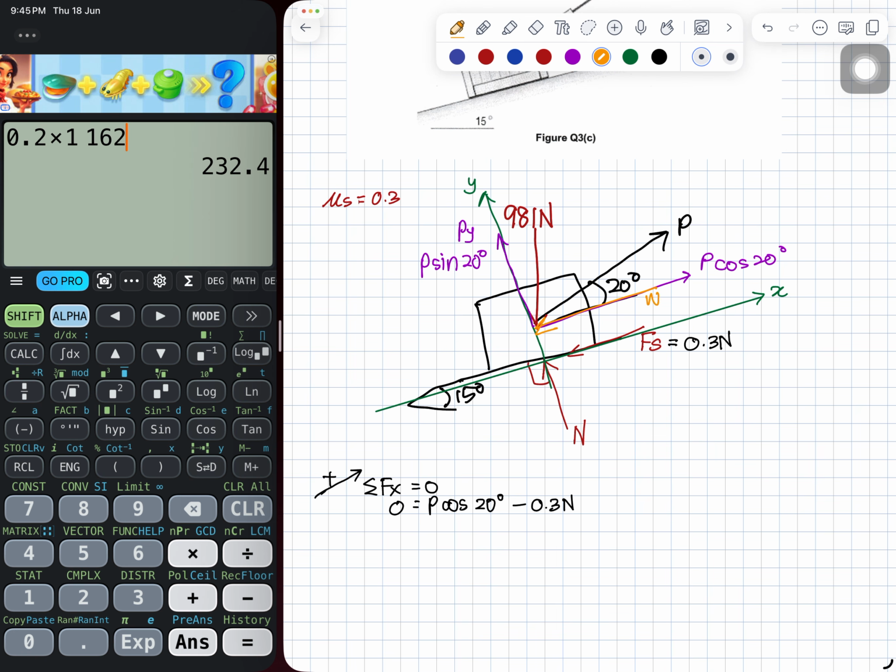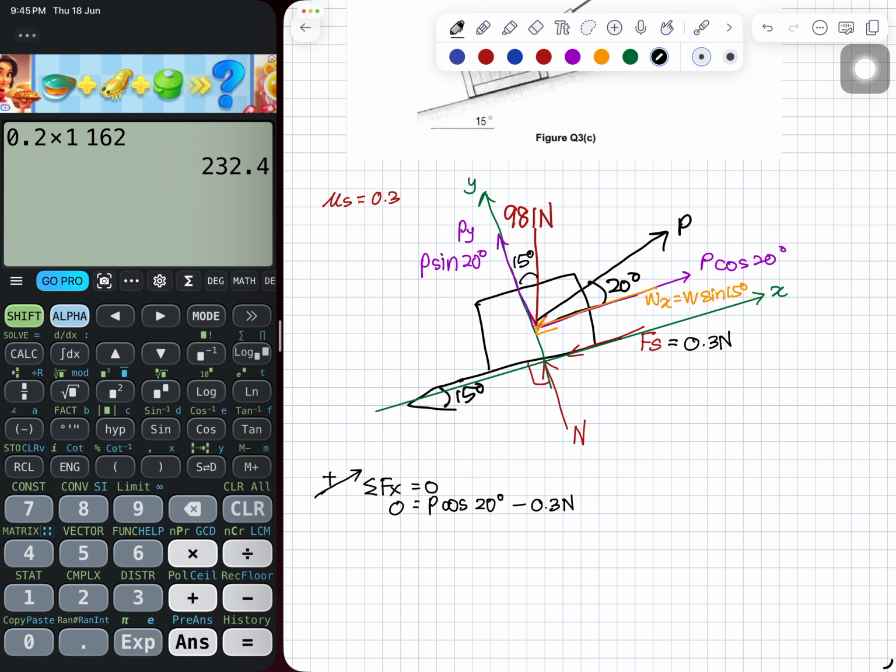This one is Wx, which is W sine 15. Not to forget, our inclination angle here is on the left side. So our angle is also on the left side of the W, so the 15 degrees is supposed to be here.